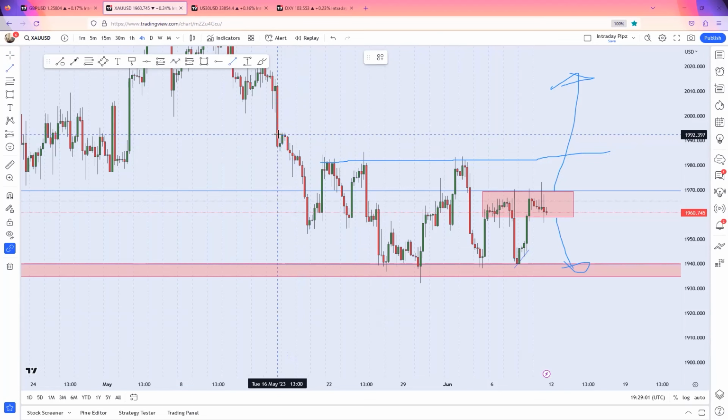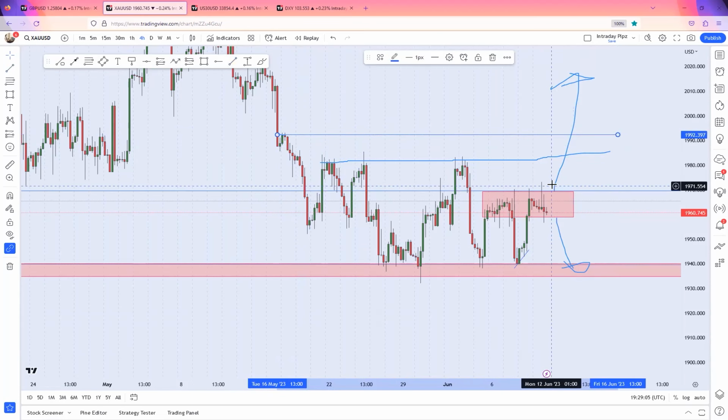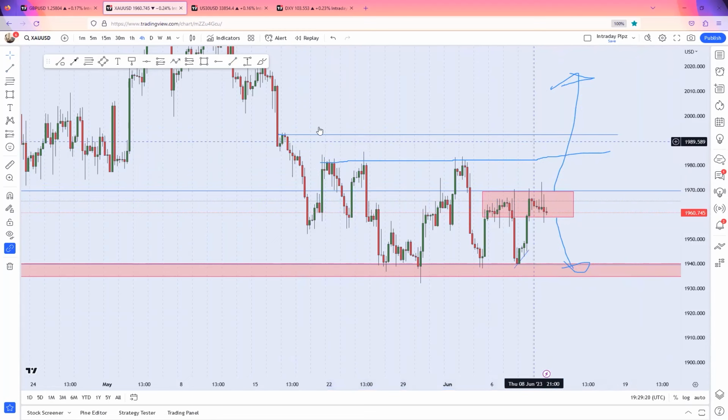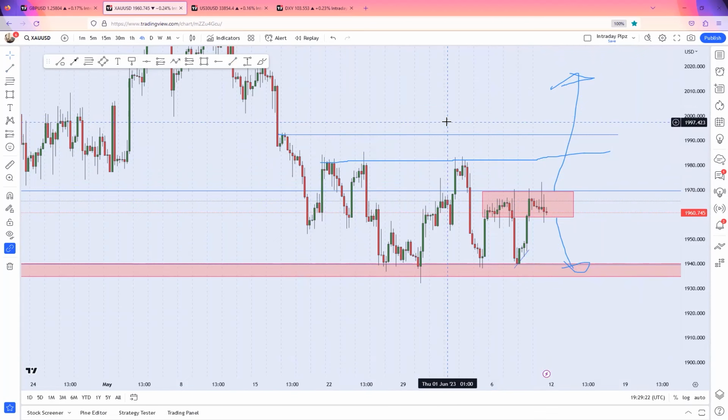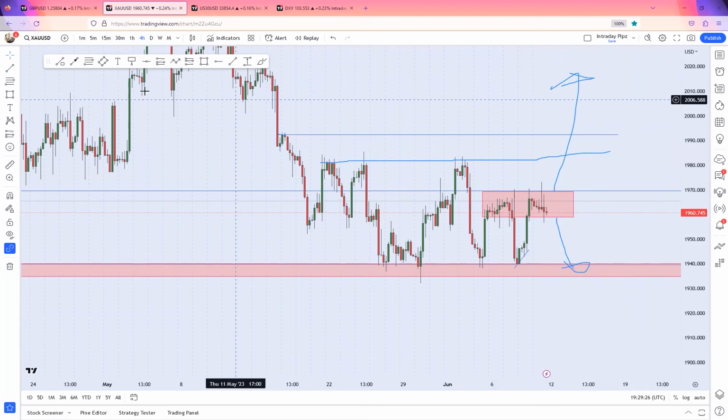So price might likely stall at this point. If it breaks and closes above the range, it should progress to 1992, because most of the time with this kind of price action, the next significant resistance will not be respected, judging from the past. Of course, we know that past results do not guarantee future success.